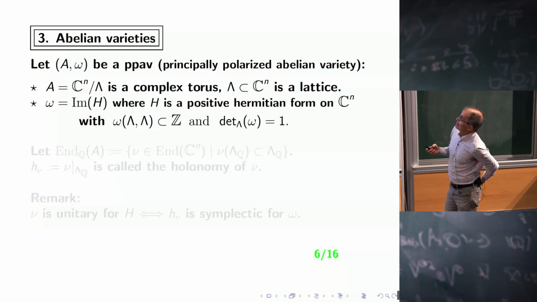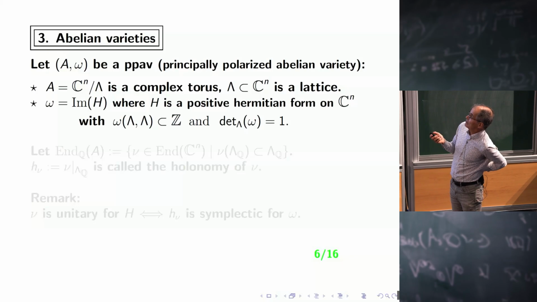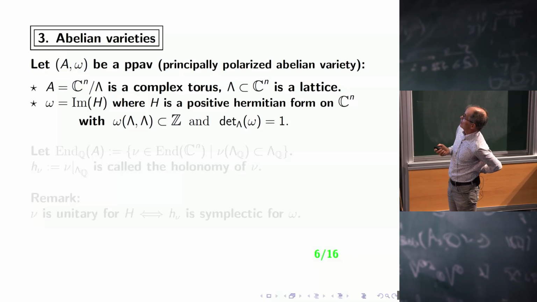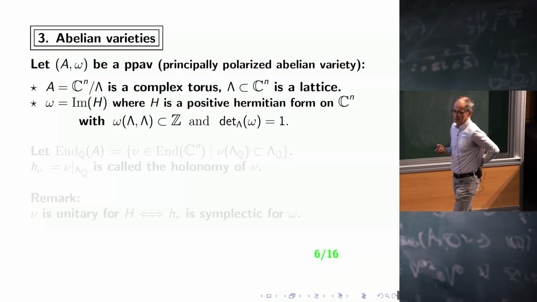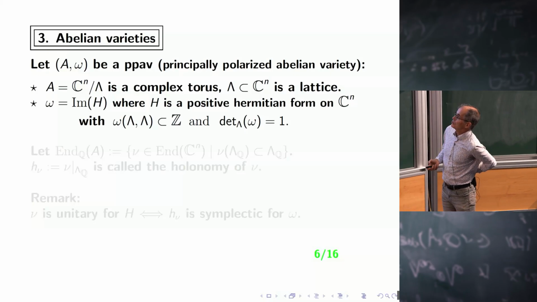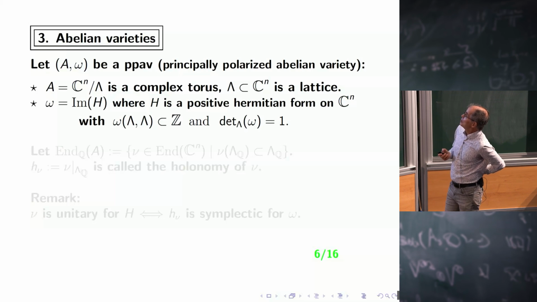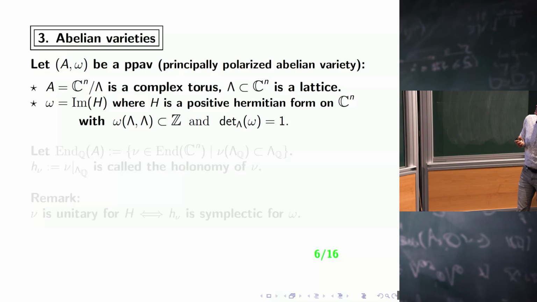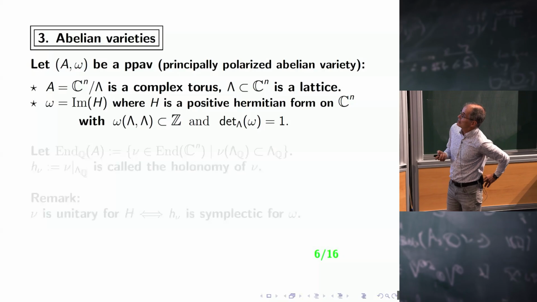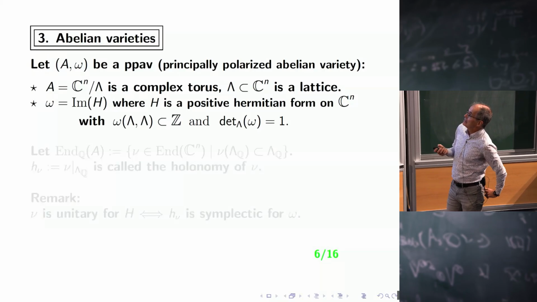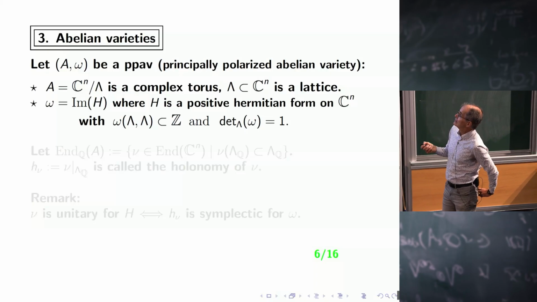So what's an Abelian variety? A principally polarized Abelian variety is a quotient of Cn over lambda, where lambda is a lattice, a complex torus. But we need this to be a projective variety, so there is a condition due to Riemann, which says that there exists a positive Hermitian form on Cn, such that the imaginary part, which is a symplectic form omega on Cn, is integral on the lattice lambda.